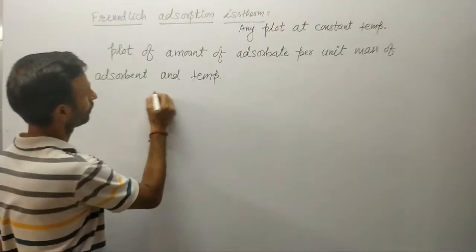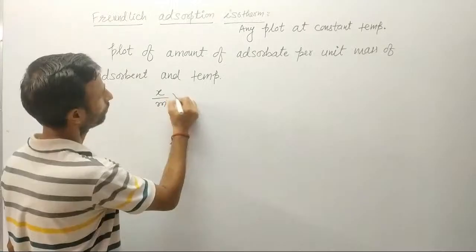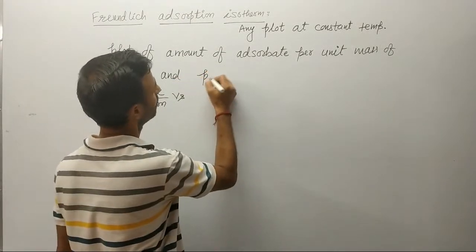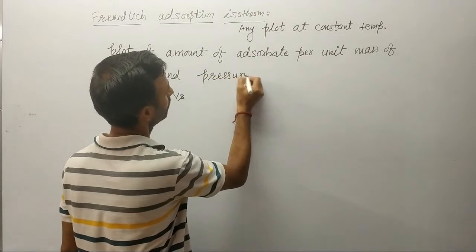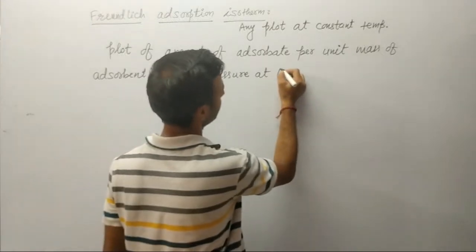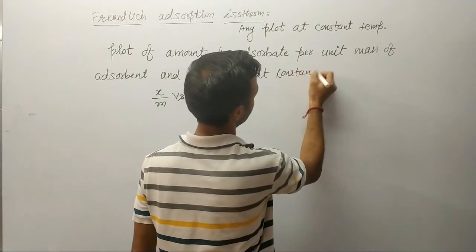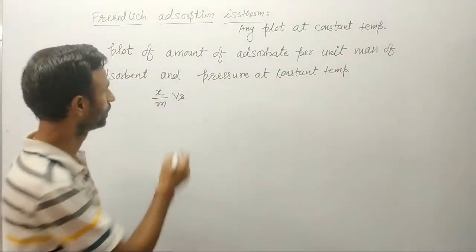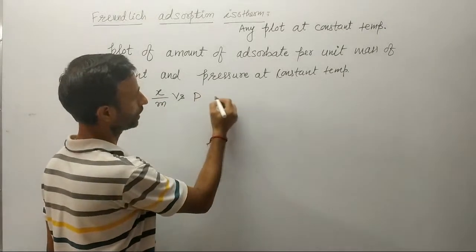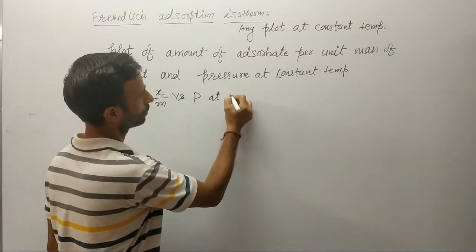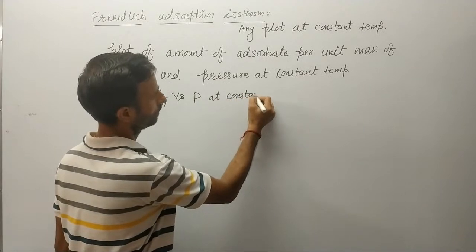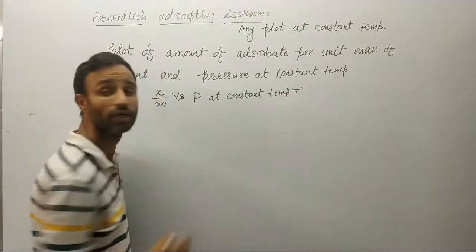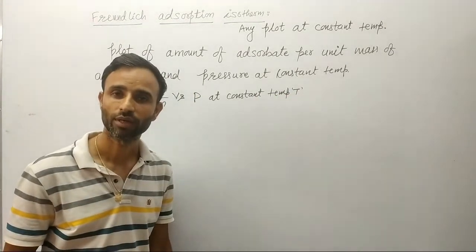This is a graph between x upon m versus pressure at constant temperature. At constant temperature means x upon m versus pressure at constant temperature. That is called adsorption isotherm.